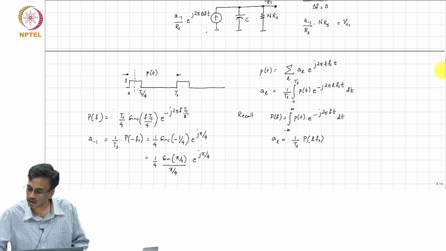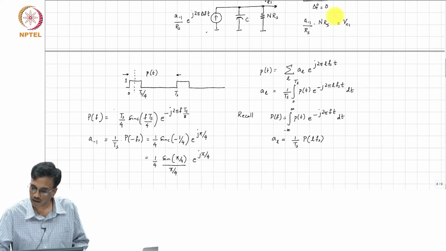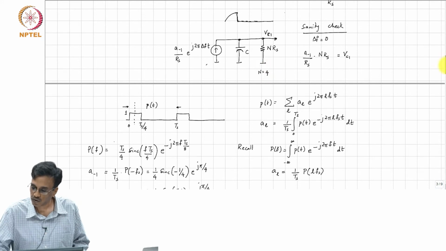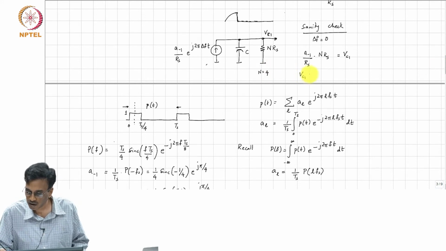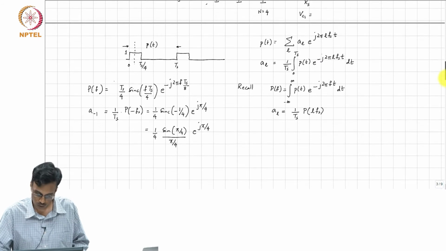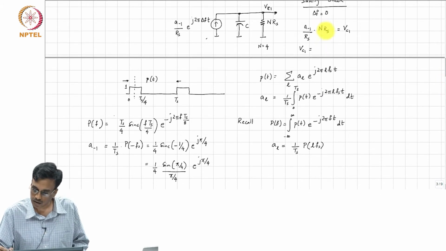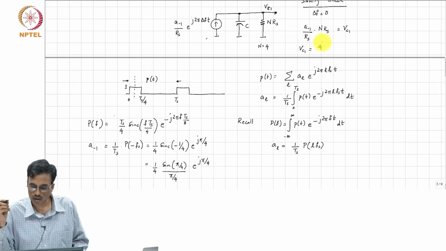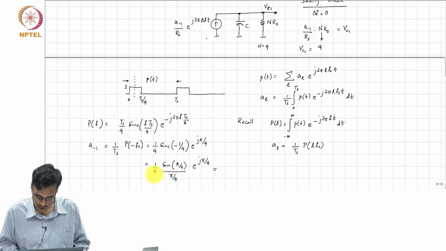So, in our case this n is 4. So, V c 1 therefore is A minus 1, which happens to be n, which is 4 times... I will simplify this.